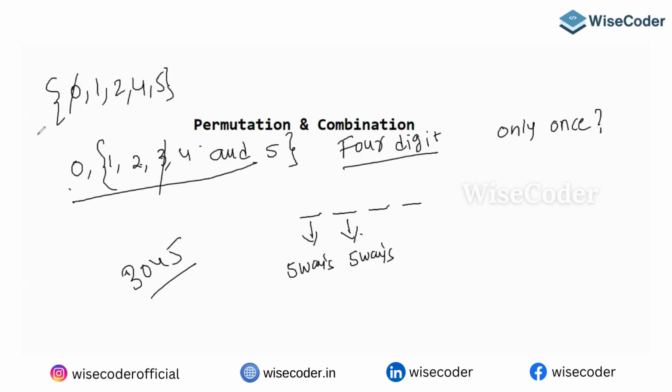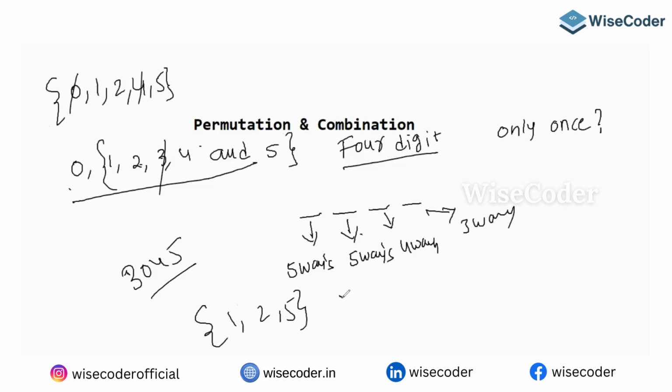Out of this, let's say 0 is fixed. For the next set, how many numbers are available? 4 numbers. So how many ways? 4 ways. Let's say 4 is fixed here. The next set is 1 to 5. So how many numbers are available here? 3 ways.